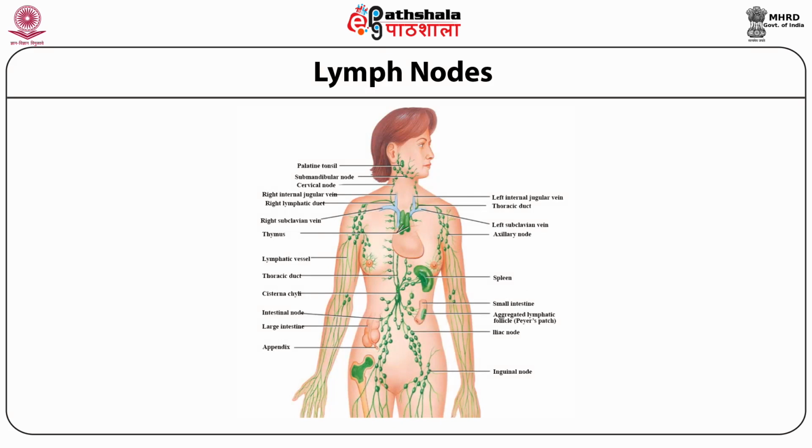Lymph nodes are actually small spherical encapsulated structures. Their size normally is in the range of 2 to 10 nanometers. As can be seen here, they are located at various parts of the lymphatic system.